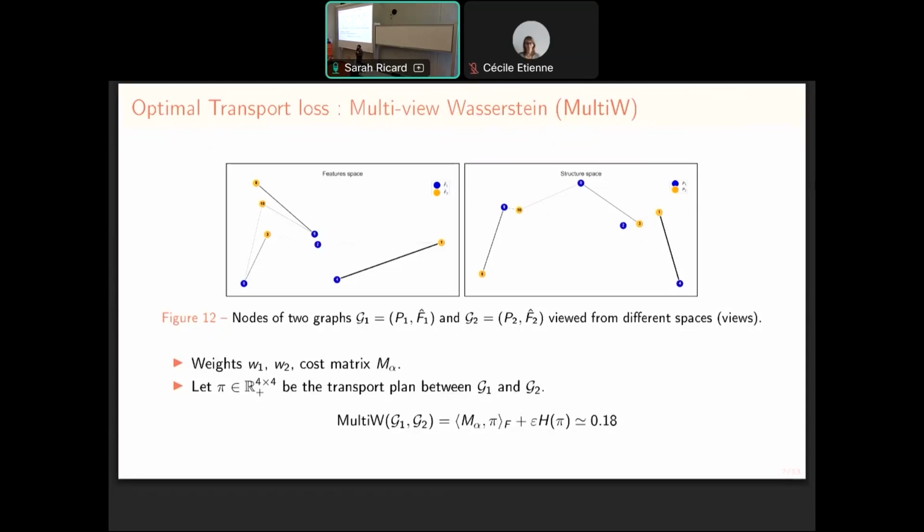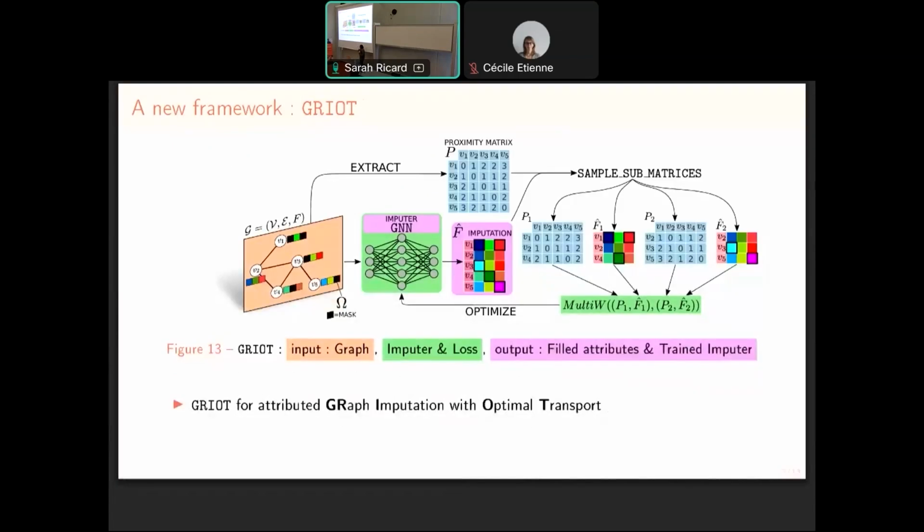Well, now that we have a loss, we can use it to optimize the GNN. So this is an overview of GRIOT. It looks like this. We have on the left the graph G with nodes, attributes of the nodes, and we have a mask omega. So we can see that the black squares are unobserved.